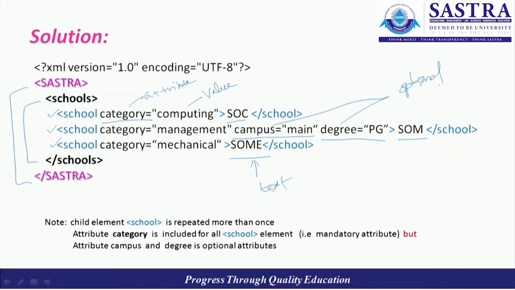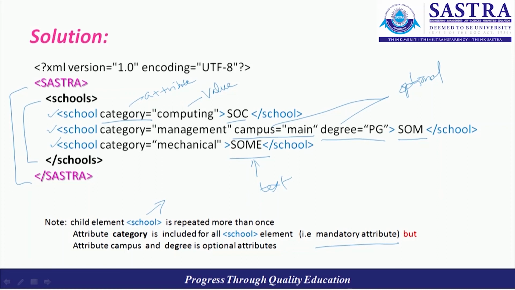Only two attributes are optional here, and which one is the mandatory attribute? The category. And we should note one more thing, the child element school is repeated more than once. That is what I have given, 1, 2, 3, three times. And the attribute category is included for all school elements because it is mandatory. So, based on this document, I have to create the category attribute as a mandatory attribute.